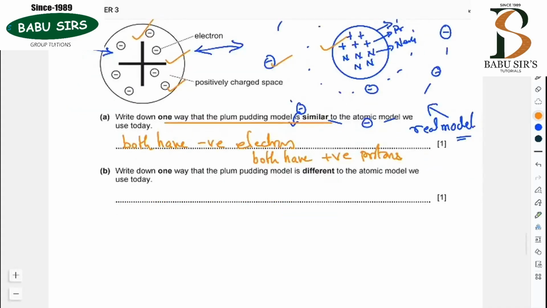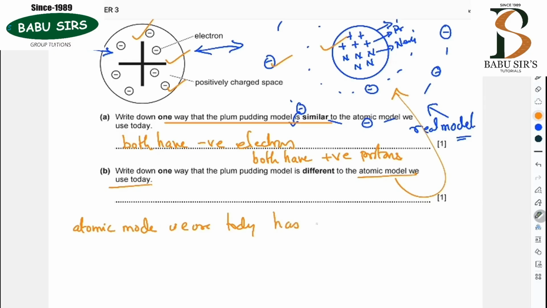Now what is the difference? Now the difference is, if you see both, the atomic model we use today, that is this one, has electrons in shells.